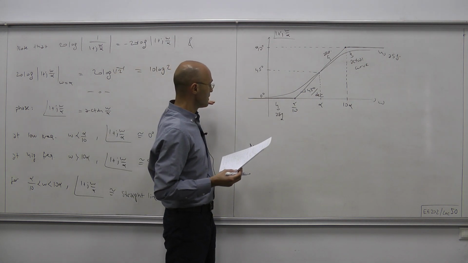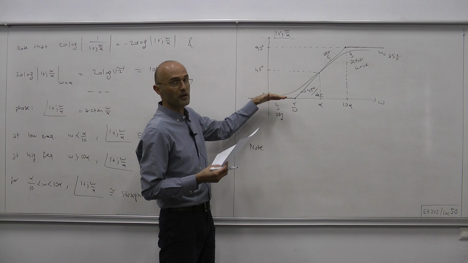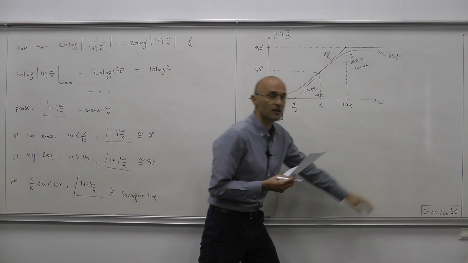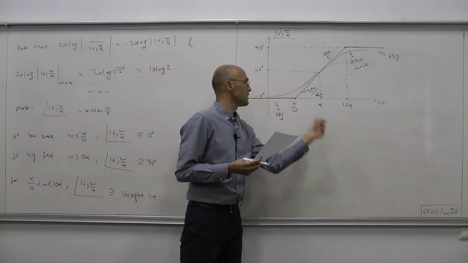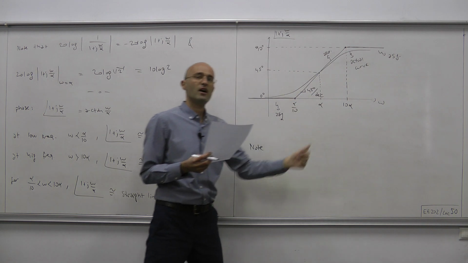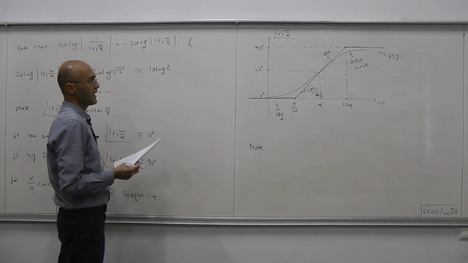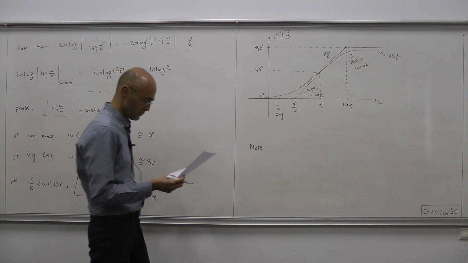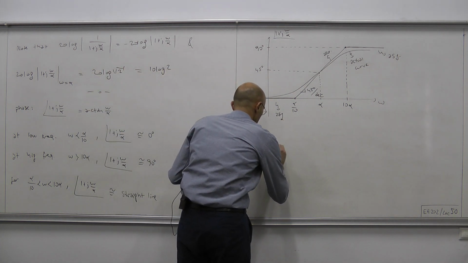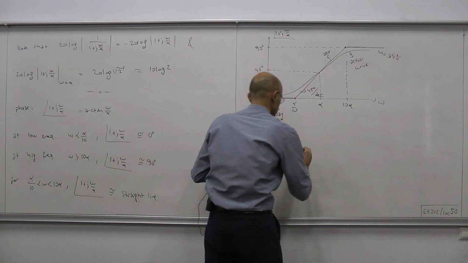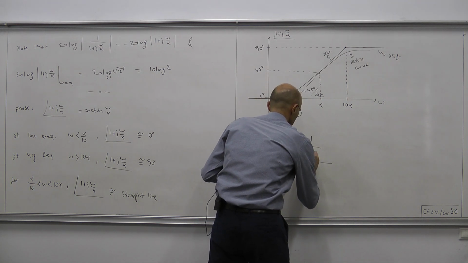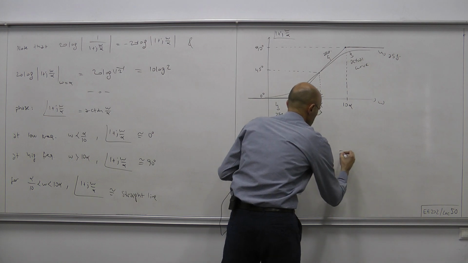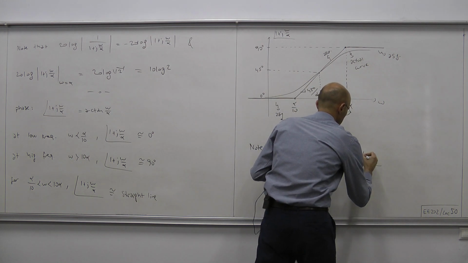So we have the 0 degree low frequency asymptote, minus 90 degrees as the high frequency asymptote, and a straight line with slope minus 45 degrees per decade that connects the two asymptotes. Note that the phase of 1 over 1 plus j omega over alpha is simply minus what we have studied.